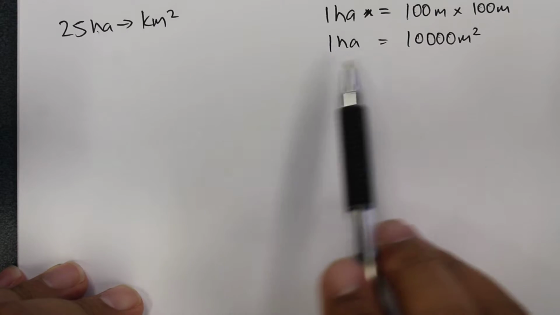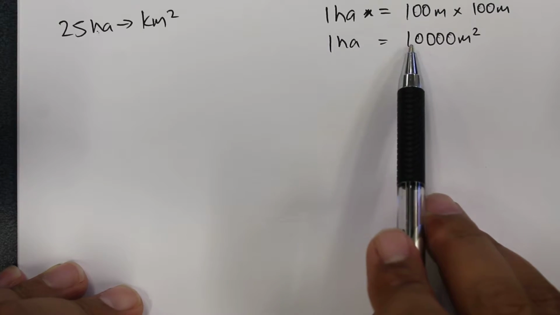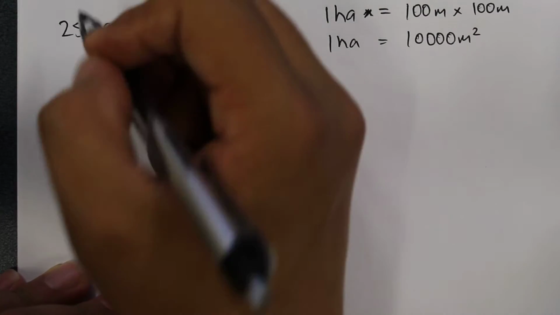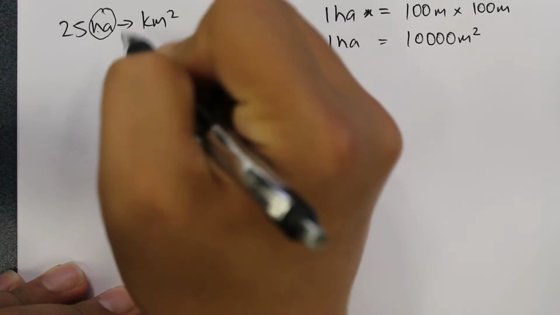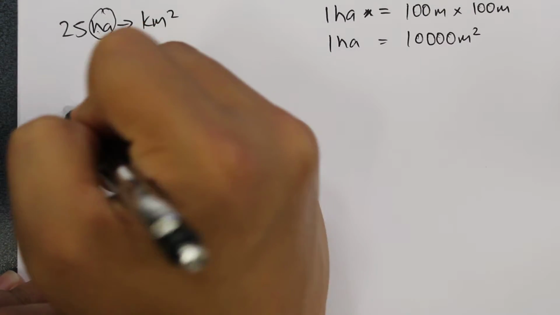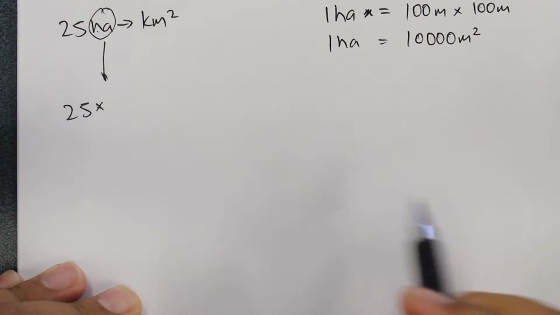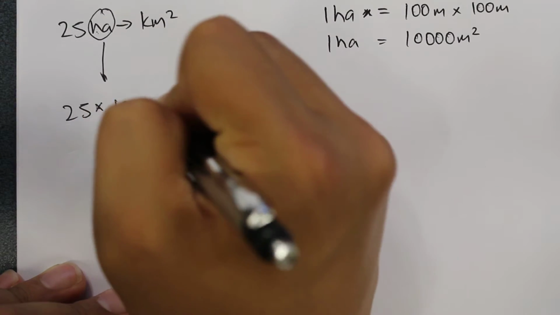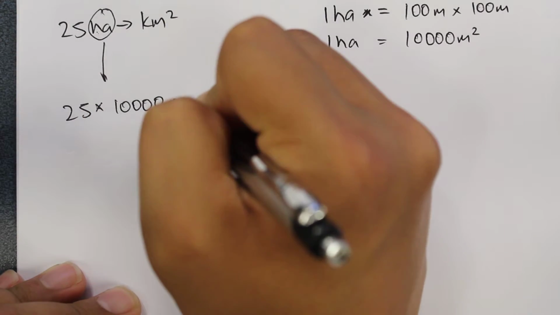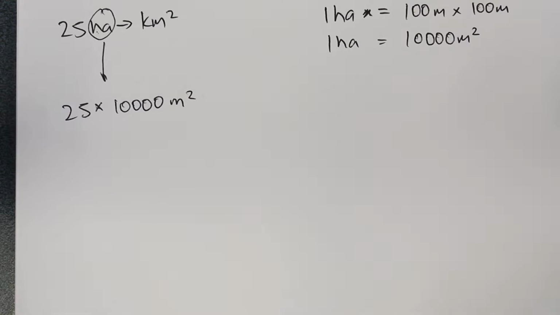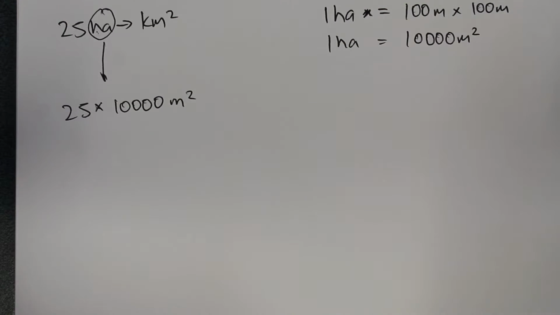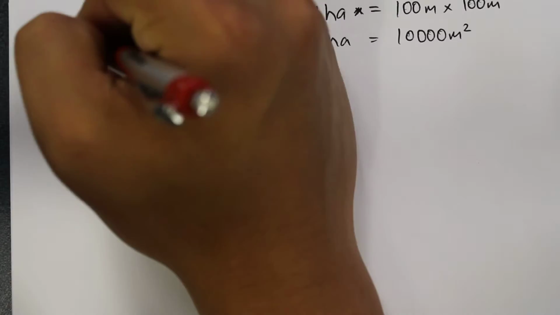Alright, so that means we can substitute, instead of the hectare value, 25 times 10,000 meters squared. So we'll substitute the hectare value here and we get 25 times 10,000 meters squared.